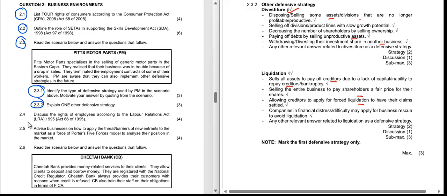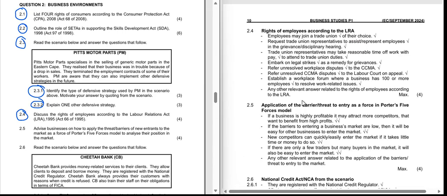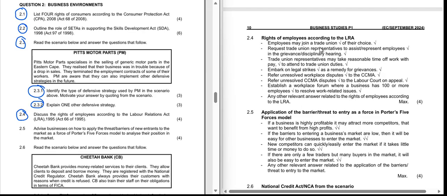Let's look at: discuss the rights of employees according to the Labor Relations Act. Employees may join a trade union of their choice, right? That's your right as an employee. You're free to join any trade union of your choice. It's not illegal, it's actually legal.